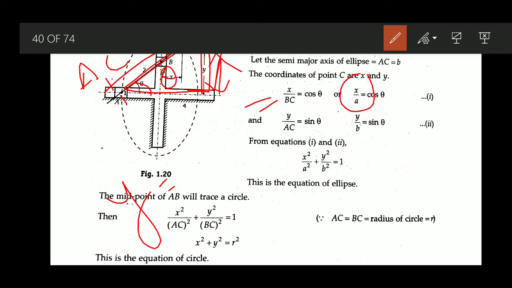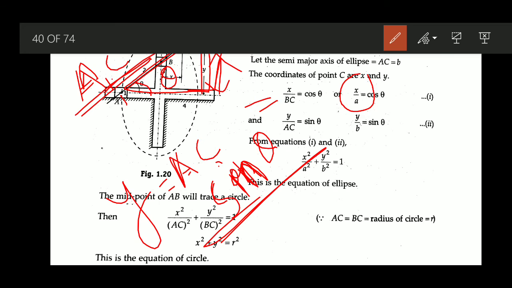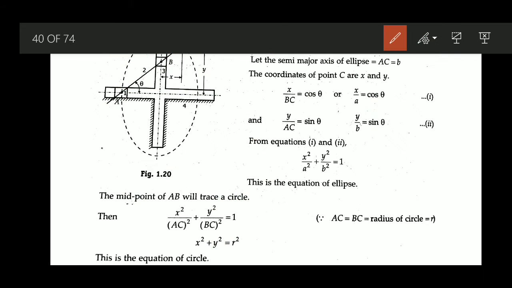A is one point, and the other point was C. I can write y equals AC cos theta, not cos theta, it should be sine theta, because we are talking about the y. So from here we can write y by AC equals sine theta. AC we have already considered as b.